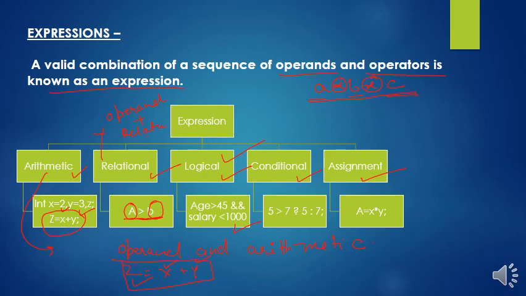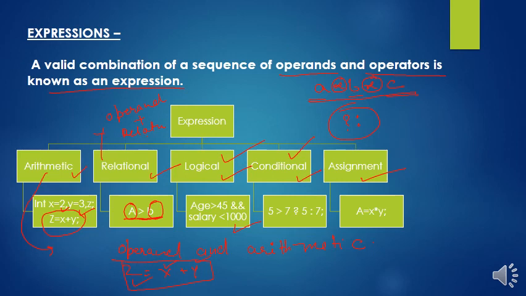Next is a conditional expression. The expression which consists of the ternary operator to execute one from the two statements depending upon the result is known as a conditional expression. Or you can say a valid combination of operands and the ternary operator is known as a conditional expression. Next is the assignment expression.